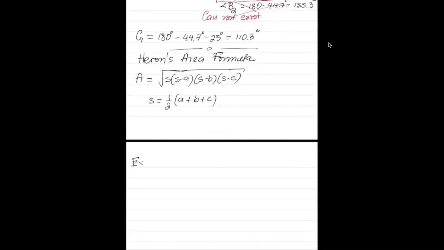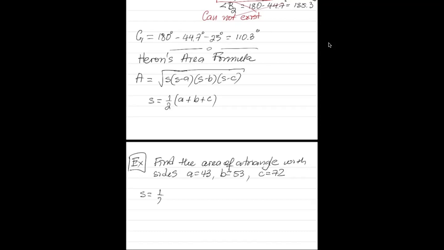So example, find the area of a triangle with sides A equals 43, B equals 53, and C equals 72. We don't even have to draw the triangle. Let's find the semi-perimeter: one half of 43 plus 53 plus 72.